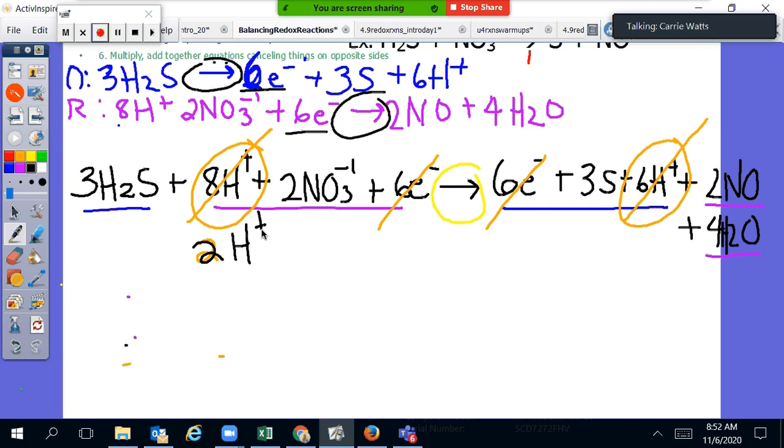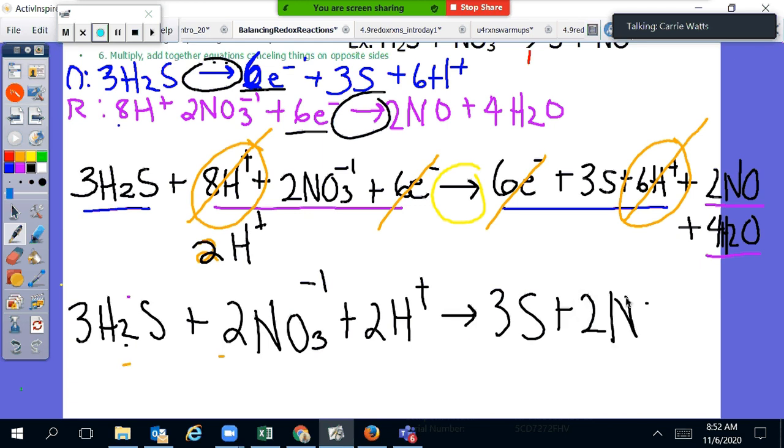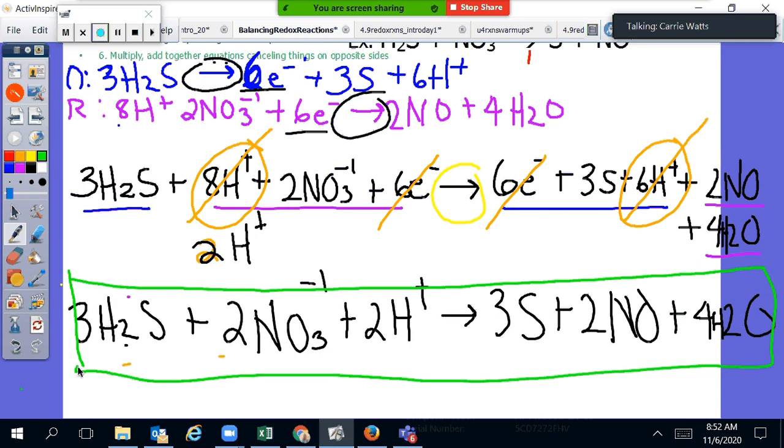And then we're going to write our final redox equation, which is going to be 3H2S plus 2NO3, I forgot that, plus the 2H plus yields 3S plus 2NO plus 4H2O. And this is going to be your final answer.